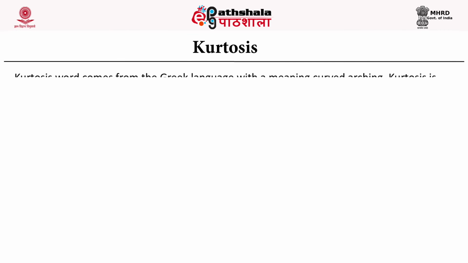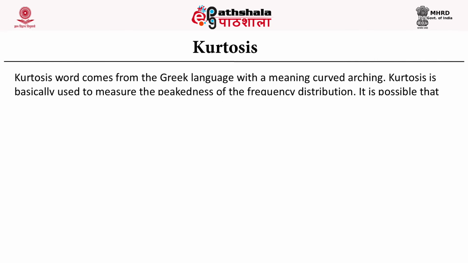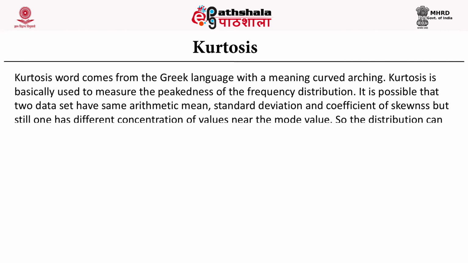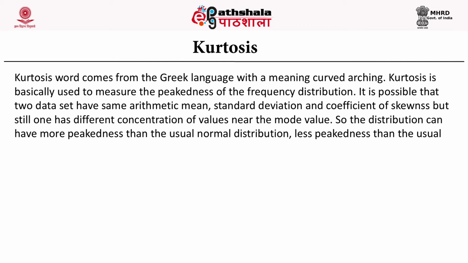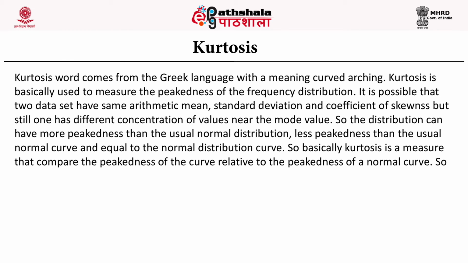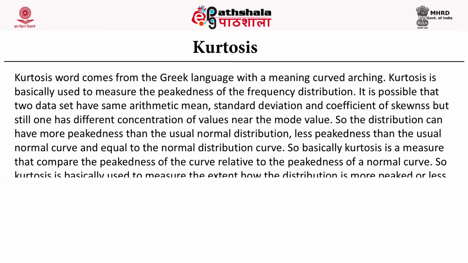Now here we will discuss the definition of kurtosis. The word kurtosis comes from the Greek language with the meaning curved, arching. Kurtosis is basically used to measure the peakedness of the frequency distribution. It is possible that two datasets have the same arithmetic mean, standard deviation and coefficient of skewness, but still one has a different concentration of values near the mode value.